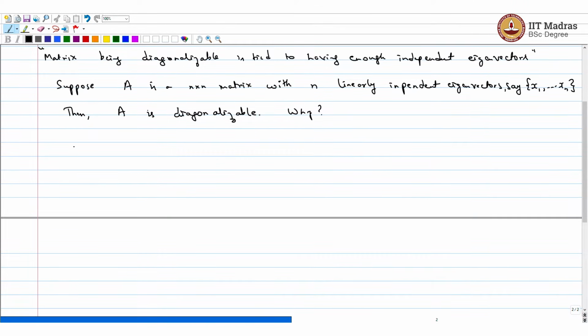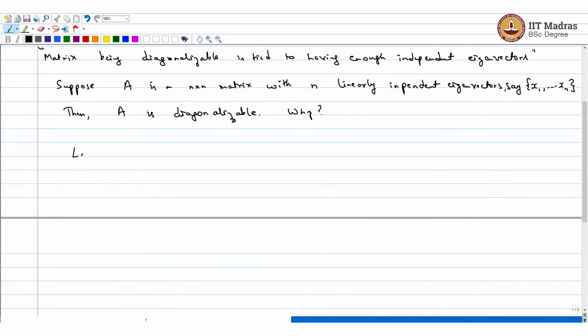Let me show you such a matrix. Let S equal, you take all these eigenvectors that you have and put them as columns in the matrix, and let me call that matrix S. So, the question now is, is S invertible? I would say pause the video, think about this. Now, what is the rank of S?